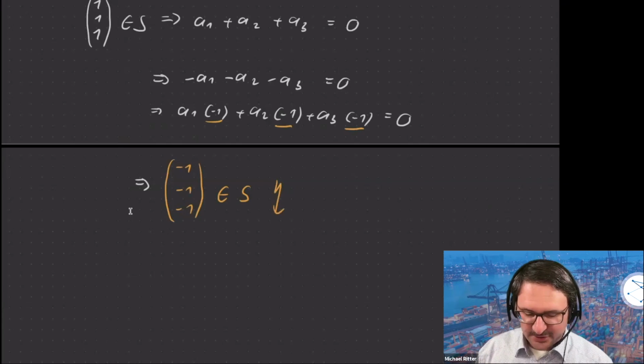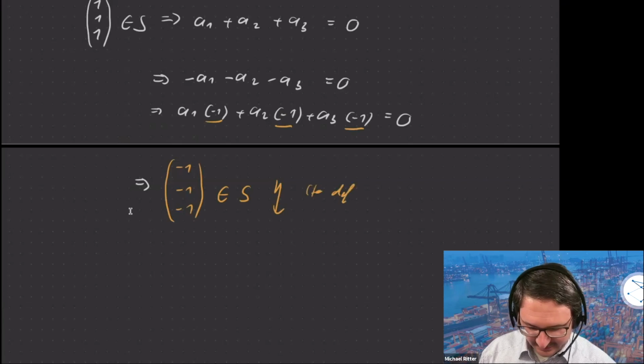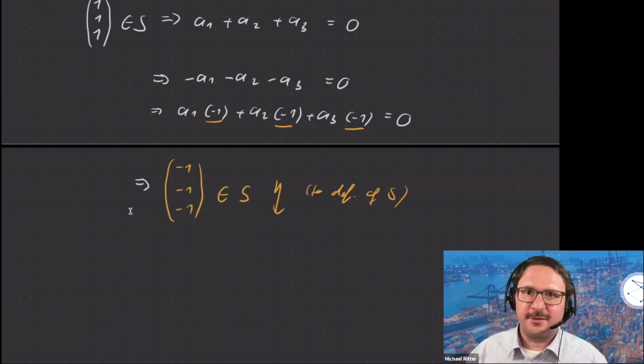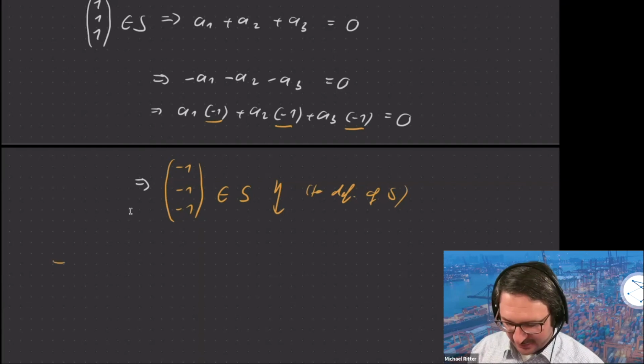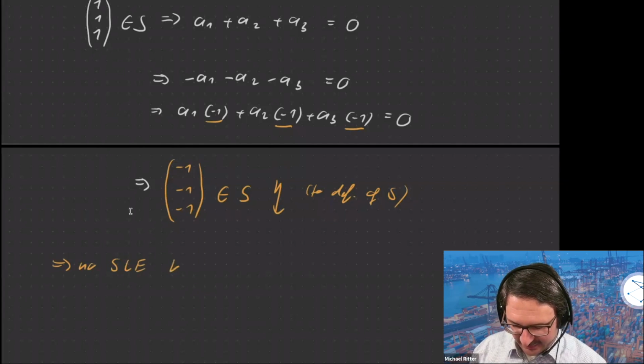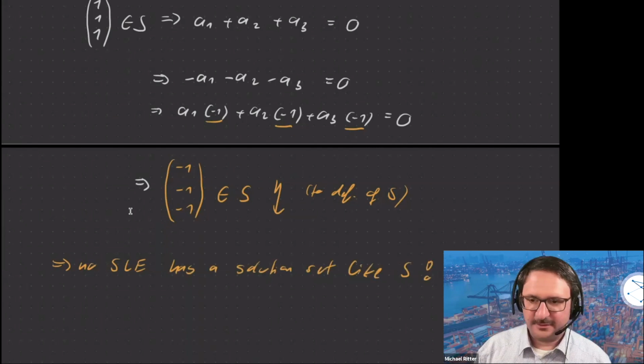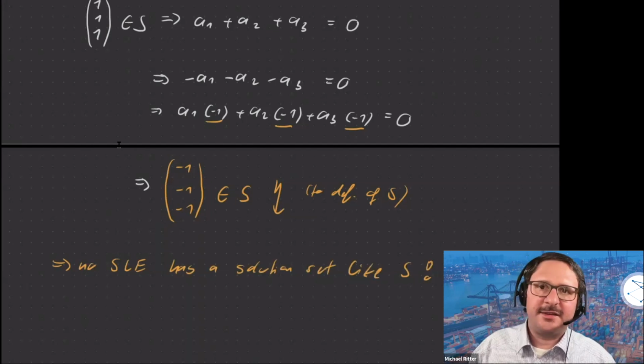So that's a contradiction to the definition of S. And that means we cannot get a solution set of that kind for any system of linear equations. No SLE has a solution set like this S here. So there is no SLE that satisfies this.